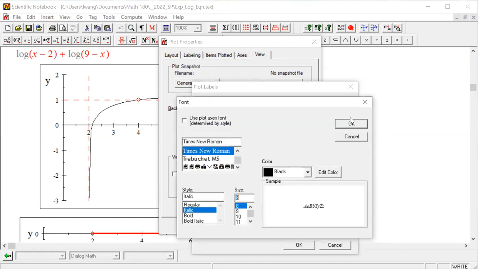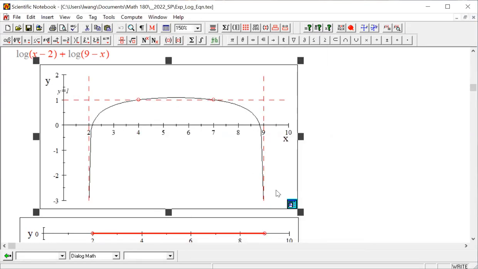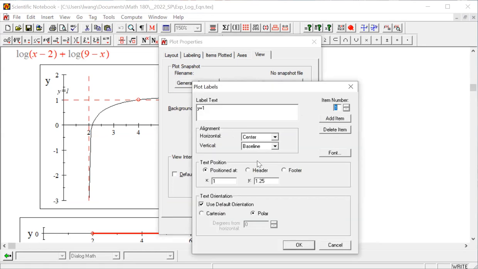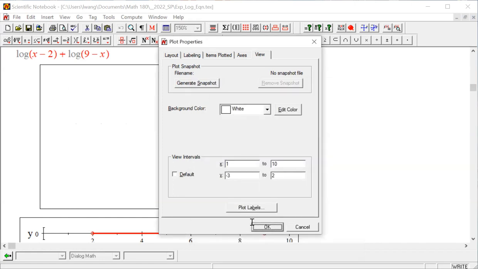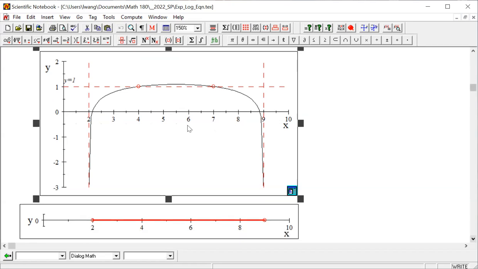And we got the horizontal line. Okay, that y equals 1 is kind of, I want to move it a little closer for me. Okay, let's see if this will do the job. Okay, y equals 1. So this horizontal line crosses the curve at 2 places. And these 2 points are 4, 7.